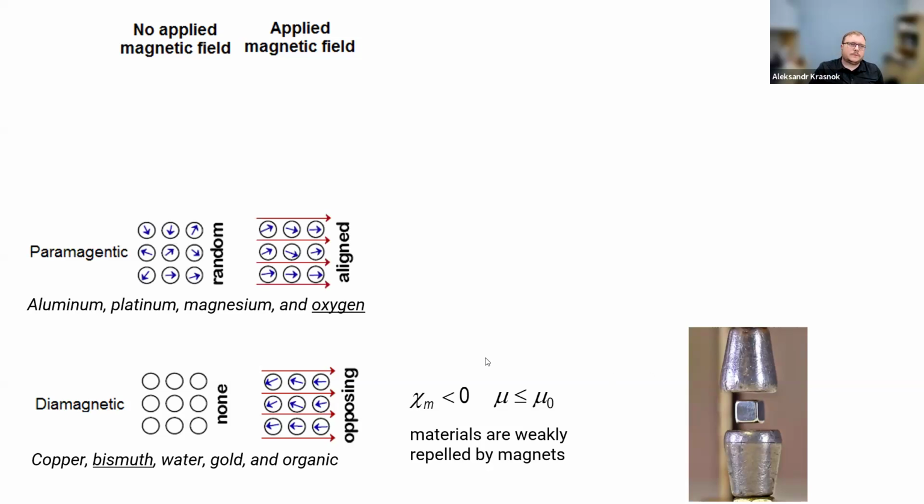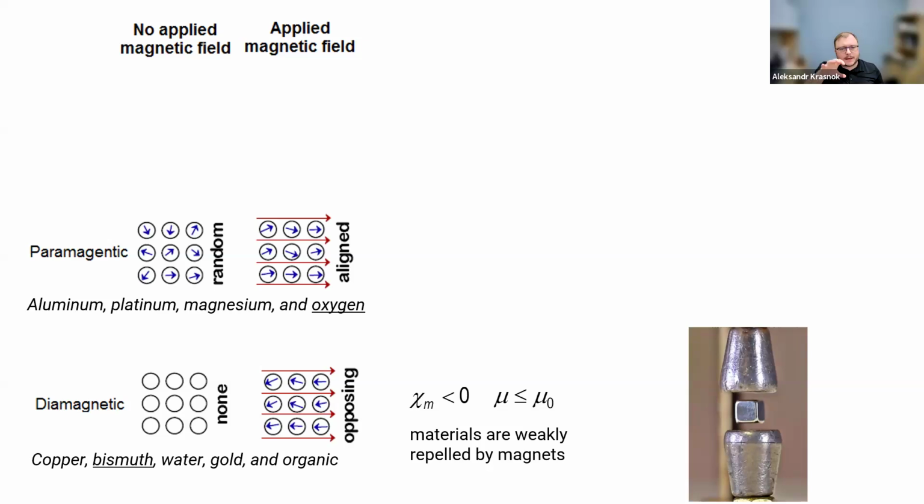Another type of material is a paramagnetic material. This material initially, intrinsically, has some magnetic dipoles. Okay, and in the presence of a magnetic field, these magnetic dipoles orient along the magnetic field.